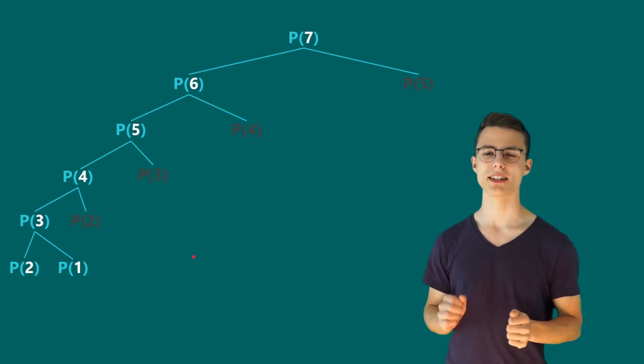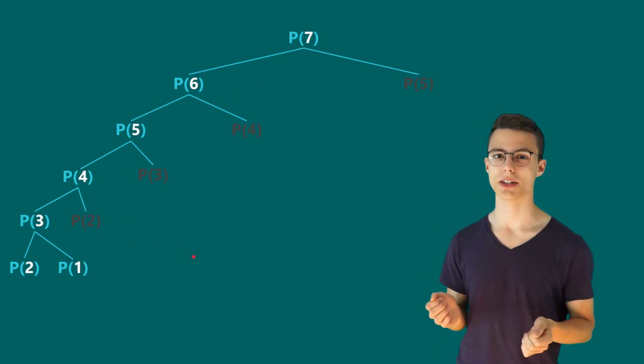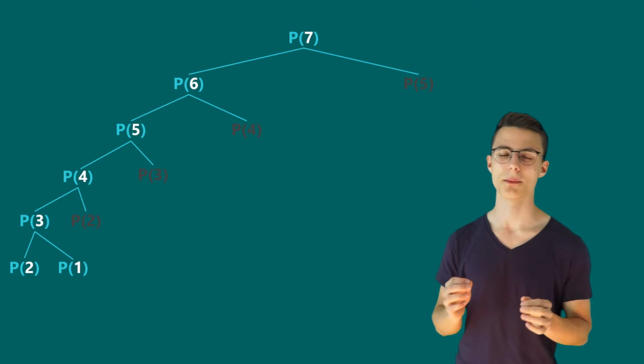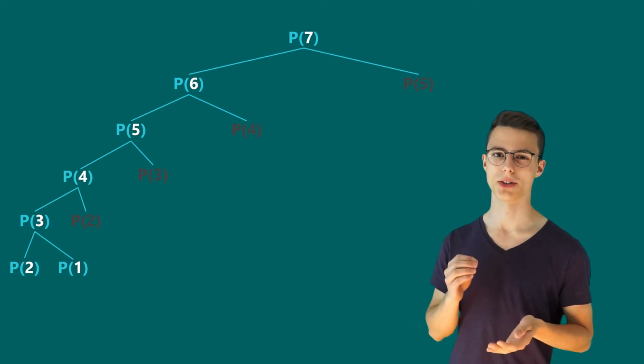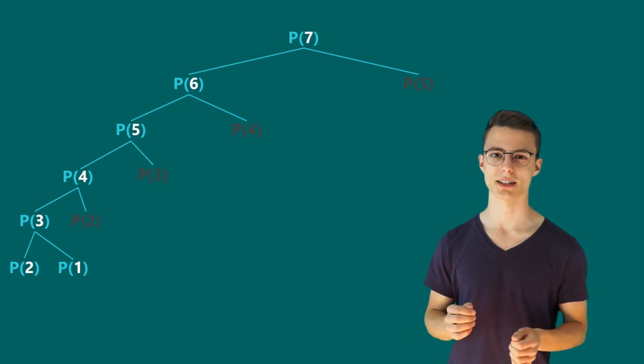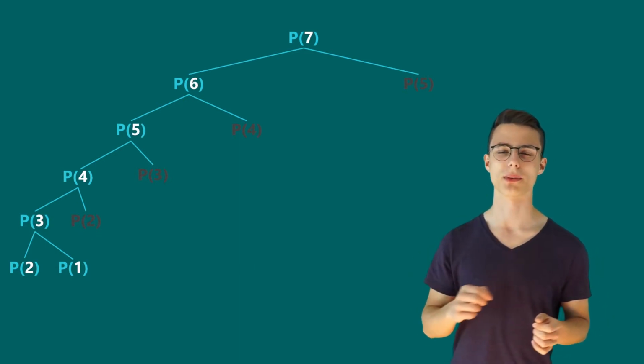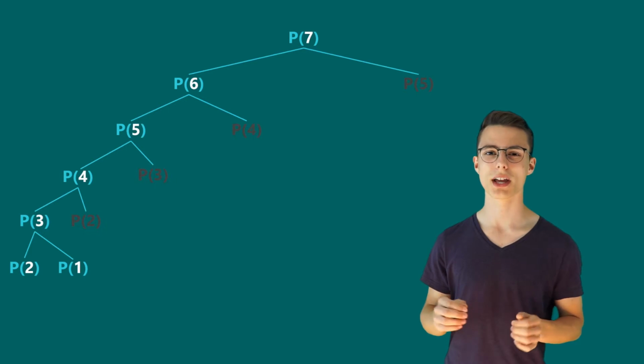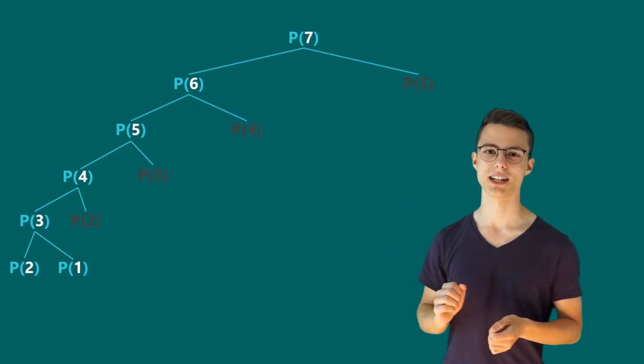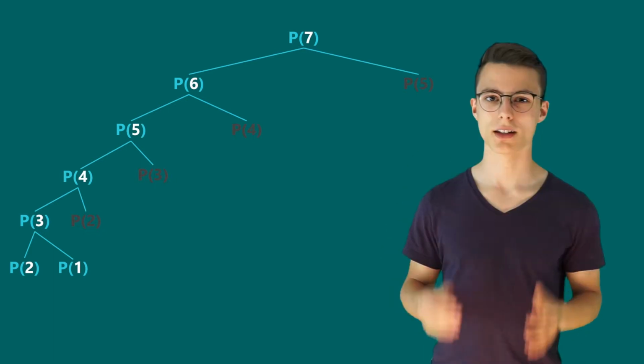Now, memoization works fine and seems intuitive, but most of the time we can use a much simpler approach to solve these tasks. Once we realize that we need to calculate all the previous values of P anyways, we can use a bottom-up strategy to come to our result. So we first initialize our base cases n equals 1 and n equals 2.